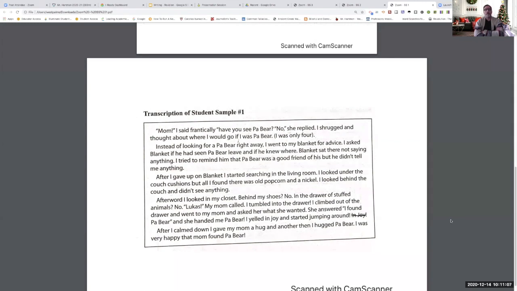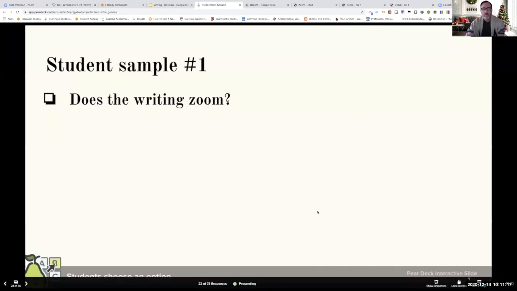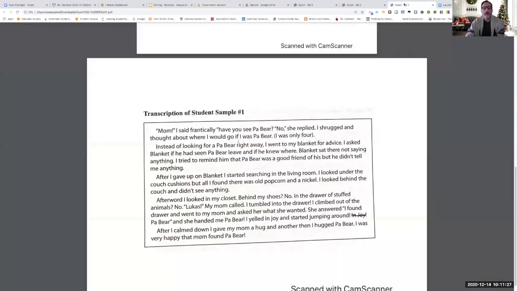So the question: does this writing zoom? Go ahead and click yes or no. Does this writing zoom? So come back here.